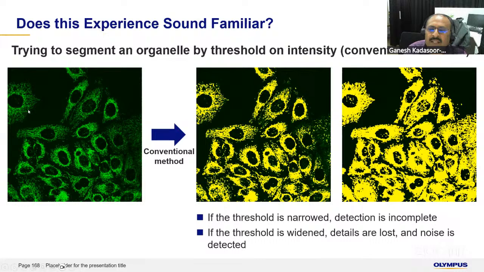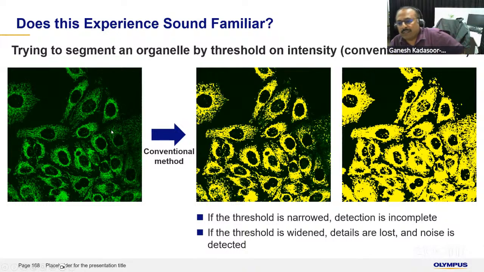The conventional way of doing it is you find out the intensity of these mitochondria, and I tell my computer to identify all those regions which show a specific intensity. For example, in this sample, the darkest region will show an intensity of 0, and the brightest region will show an intensity of 4000.